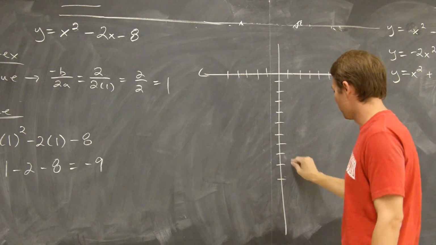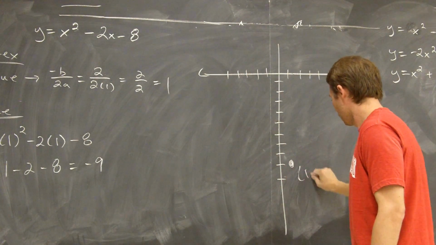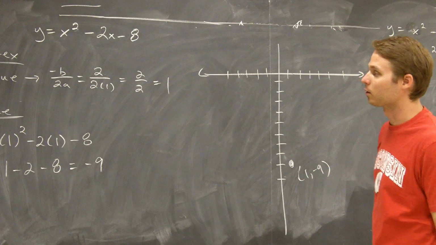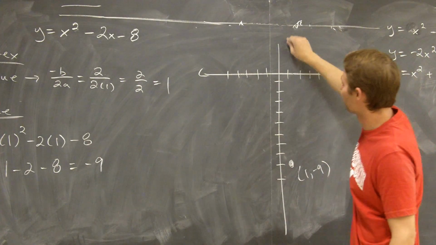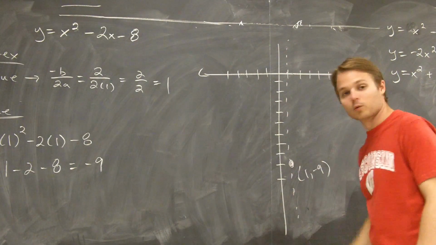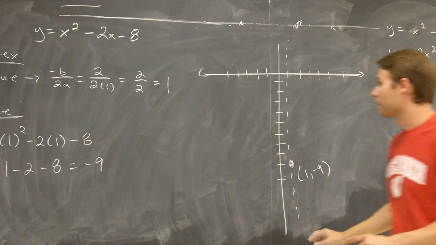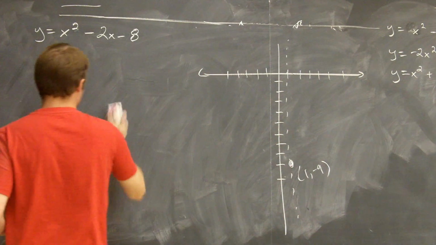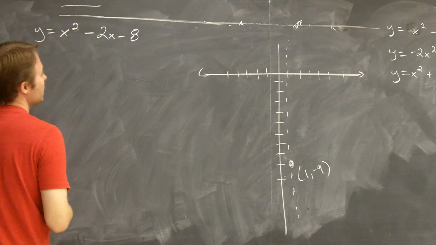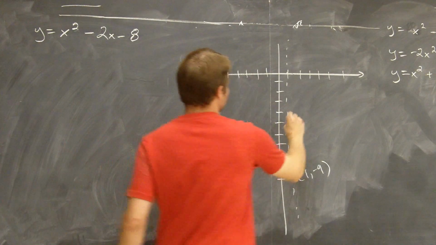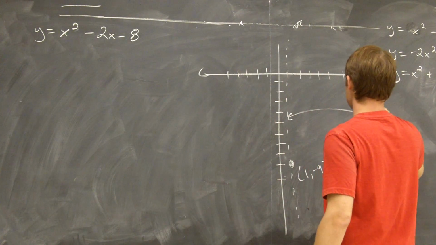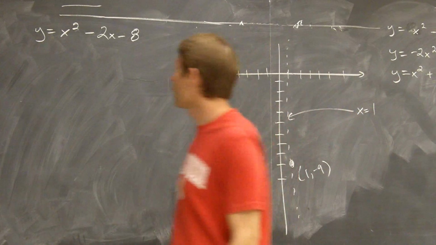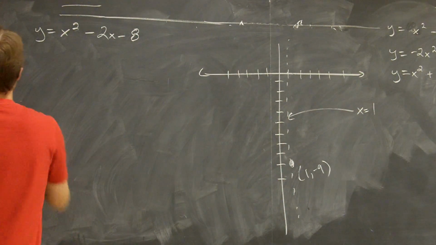So we should have a point here, 1, negative 9, that's our vertex. And then the axis of symmetry will run directly through that vertex. All right, and by the way, the axis of symmetry is the line, of course, x equals 1. That's how we name that line, since it's a vertical line.